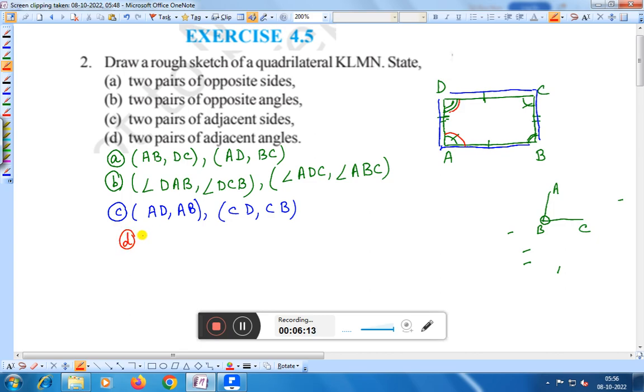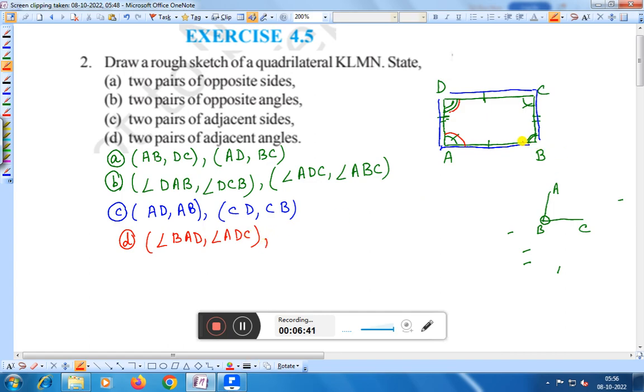That is angle A and angle D. Angle A can be written as angle BAD, and angle D can be written as angle ADC. These are one pair of adjacent angles.